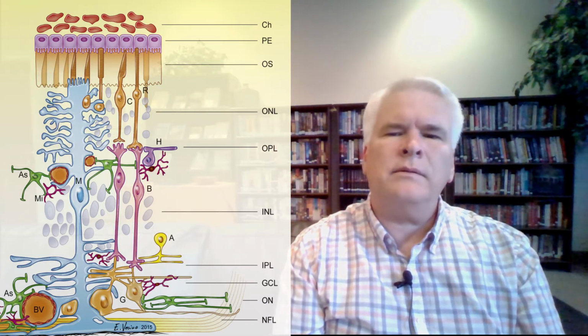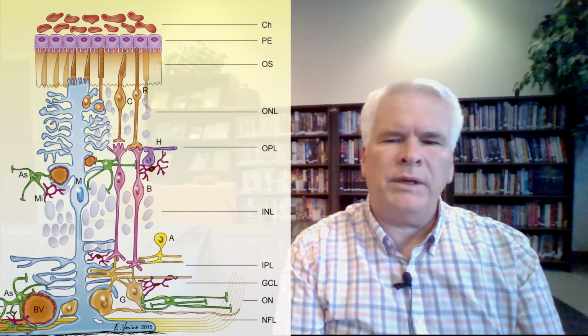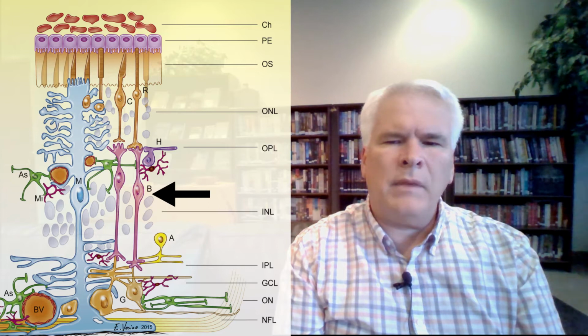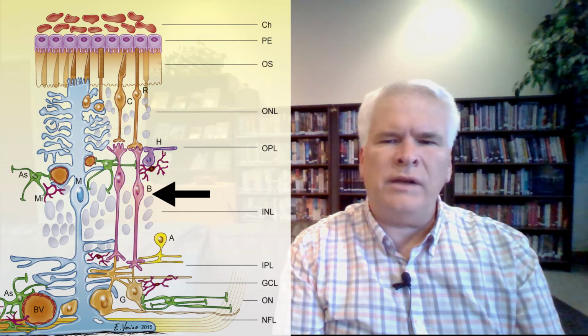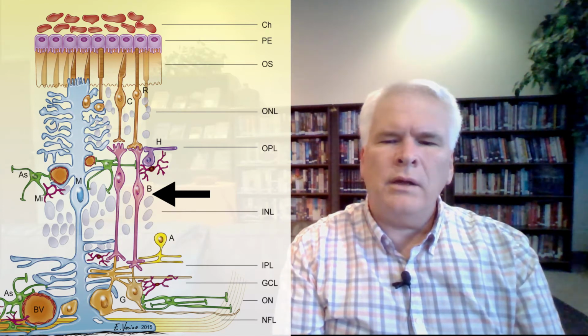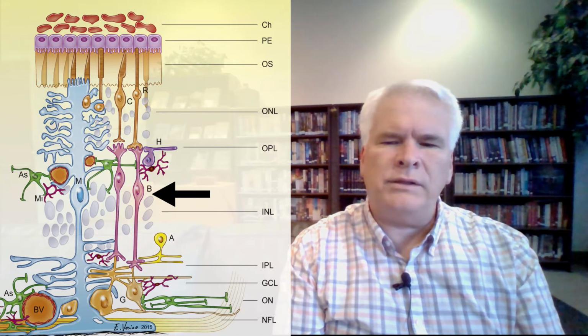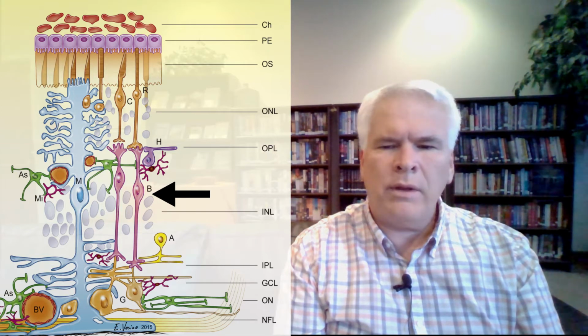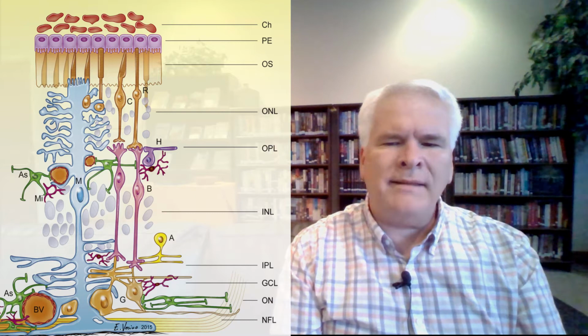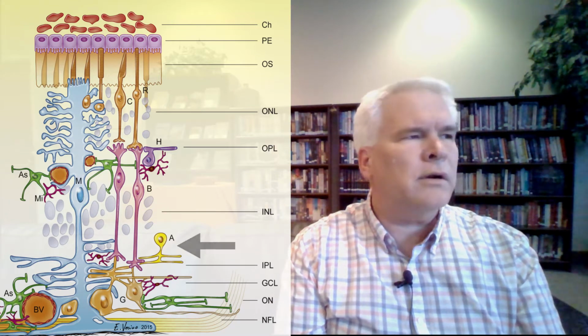The next cells to be discussed are the bipolar cells, and these have active ends. They receive information from the rods and the cones, and they pass it on to the ganglion cells, which will in turn make up the optic nerve and travel to the brain. But at that joint, there are also other cells.